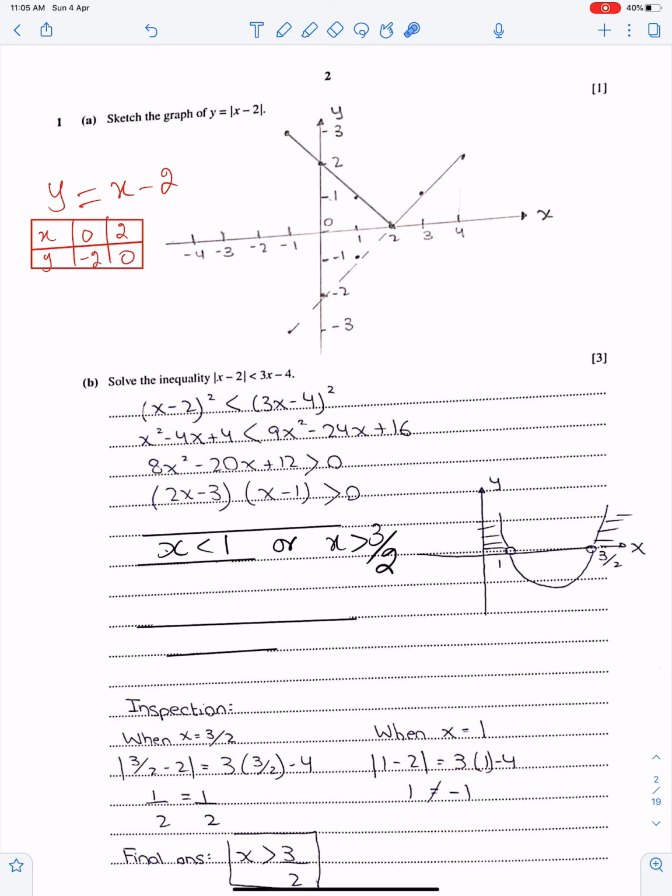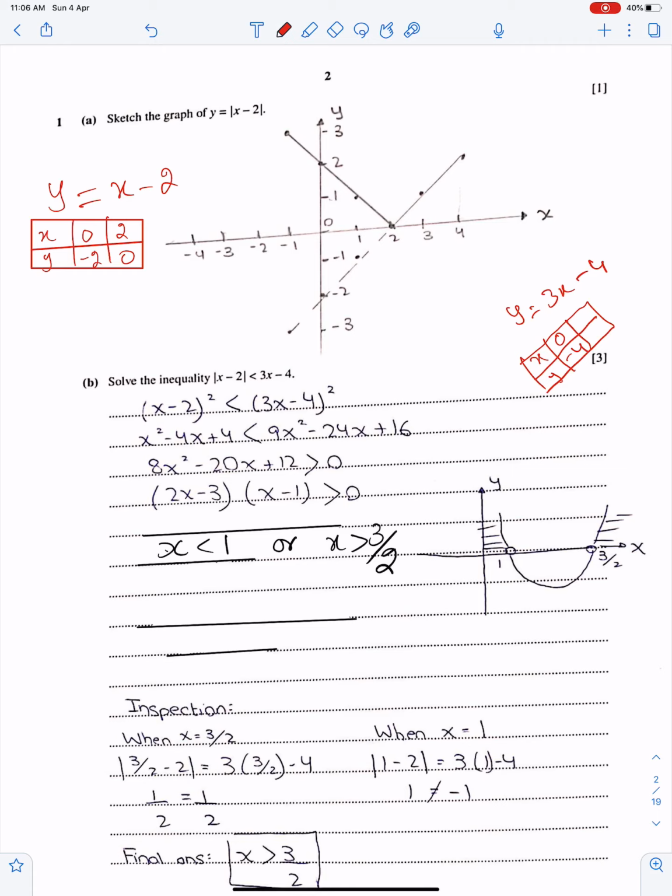So the right solution is this. What if you solve this question through sketch? Then you need to sketch this line, 3x minus 4. Make a box. So when x is 0, then y is negative 4.